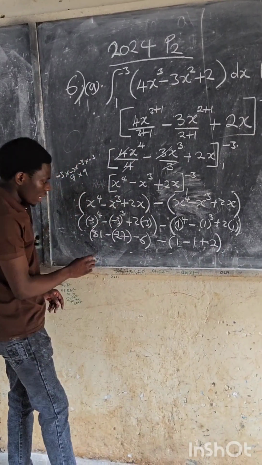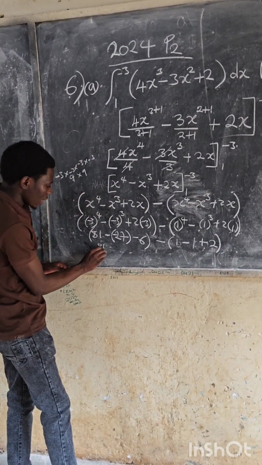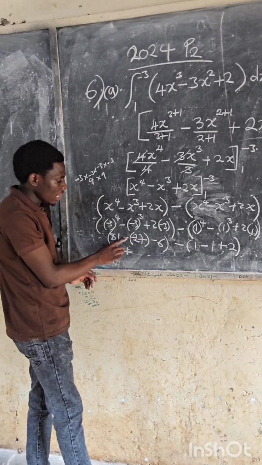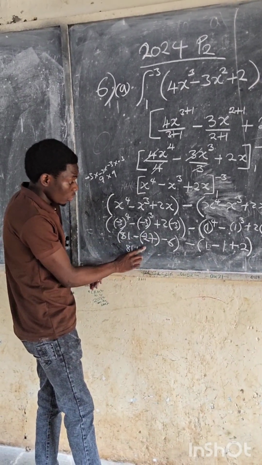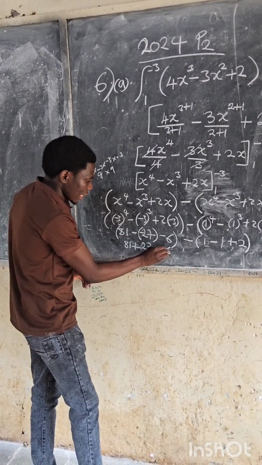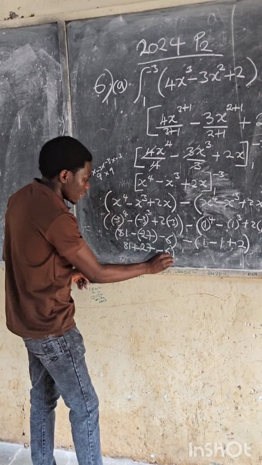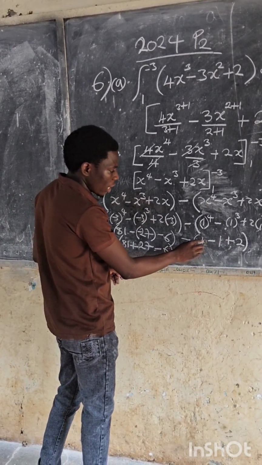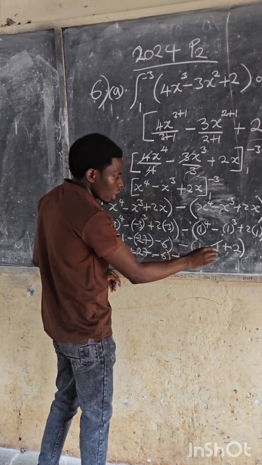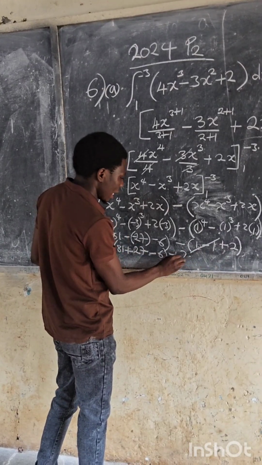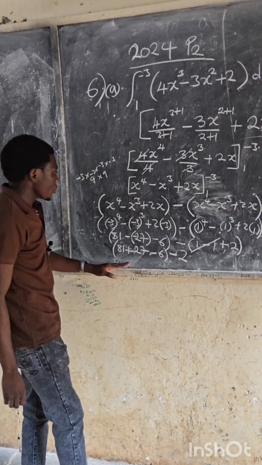Then we have 81, plus, minus negative 27 gives us a positive 27, minus 6. Then minus, in the other one we have 1 minus 1 is 0, plus 2, so we have minus 2.